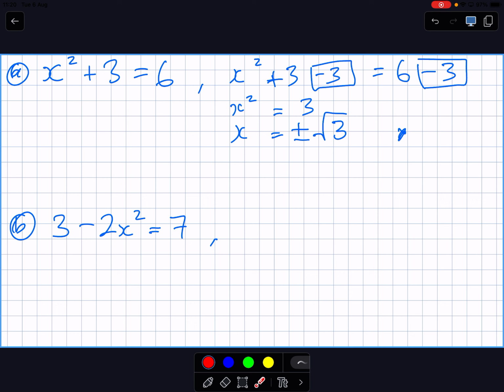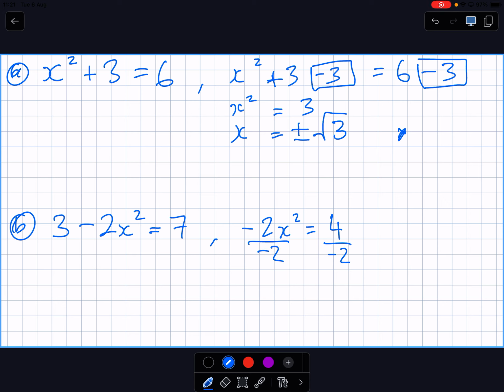Take 3. So if I took 3 from both sides, I'm not going to do the brick step anymore, I'm going to be left with 2x squared is equal to 7 take 3, which is 4. What's negative 2 doing to x squared? What's timesing? Good. What's the opposite of timesing something by negative 2? Divide both sides by negative 2.